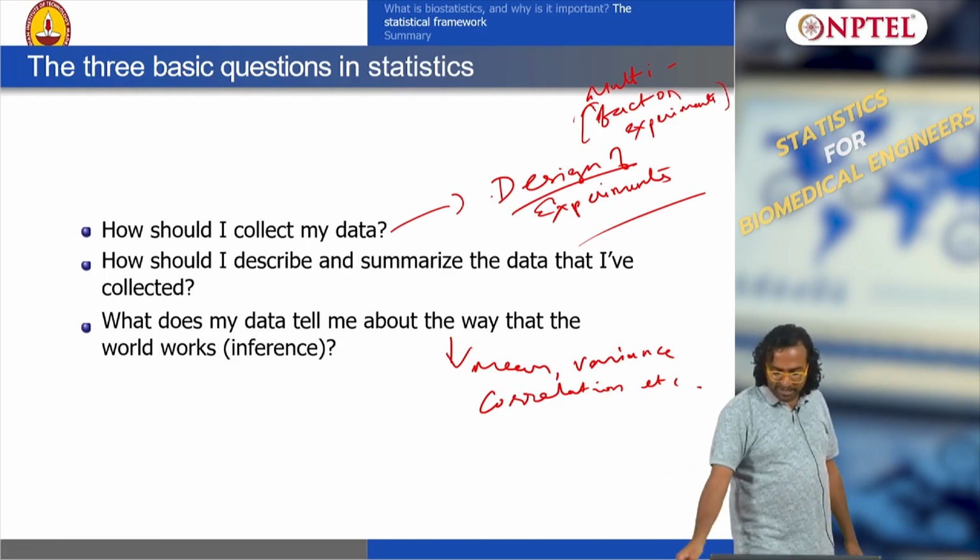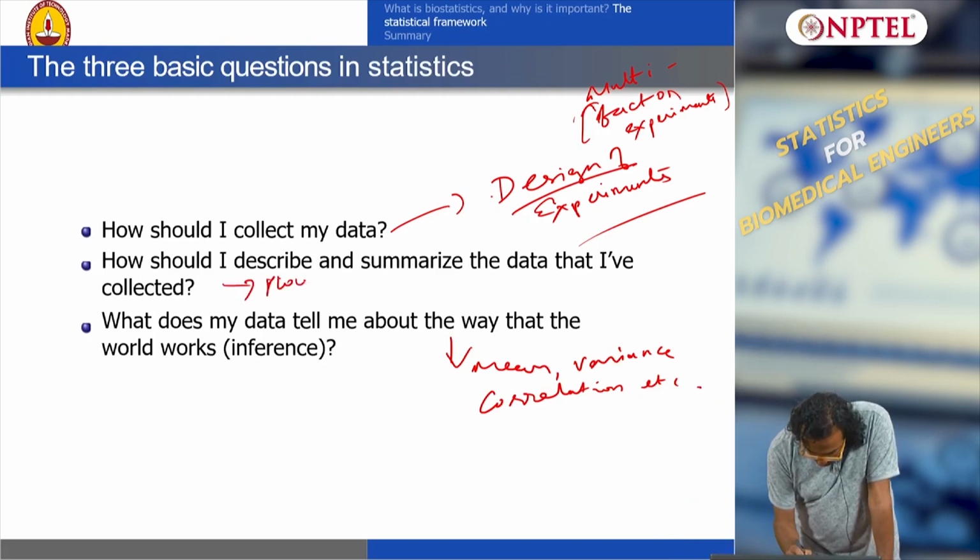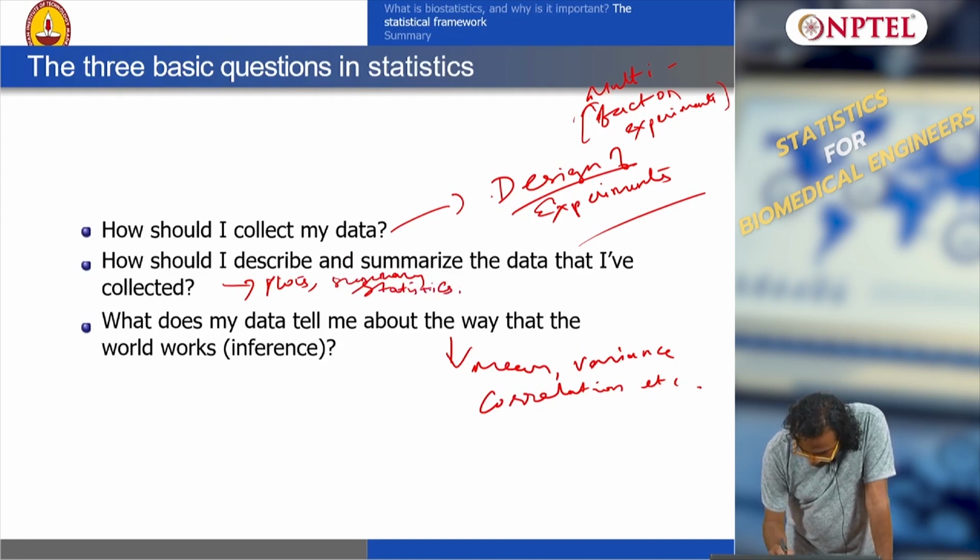How to describe and summarize data, this is where we will talk about graphs, plots, and summary statistics. And the third important question, when we talk about inference, we generally call it hypothesis testing.